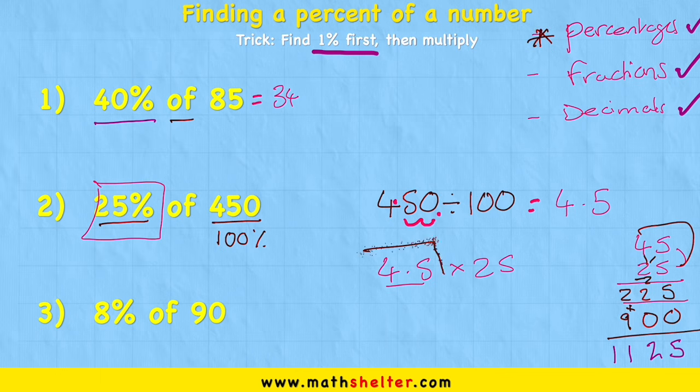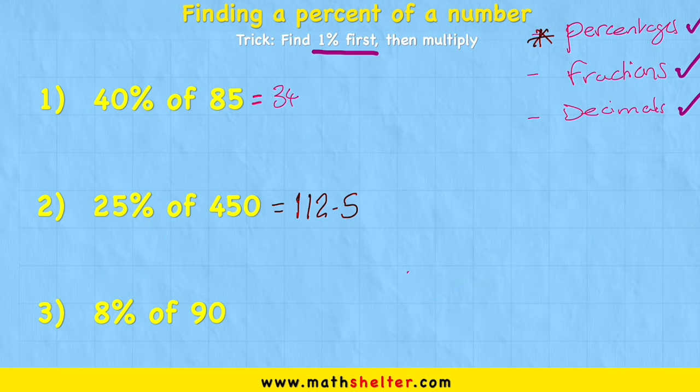But don't forget, I had my 4.5, there was 1 digit after the decimal, so I need to make sure there's 1 digit after the decimal in my answer too. So my decimal point just goes here. So my answer is actually a decimal number, 112.5. Simple.